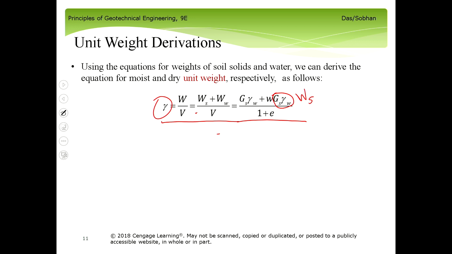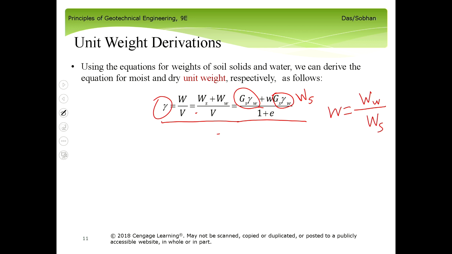WS multiplied by water content is the water weight, because we know that water content is this, right? So in here, WS multiplied by water content is WW, that is the weight of water, right?